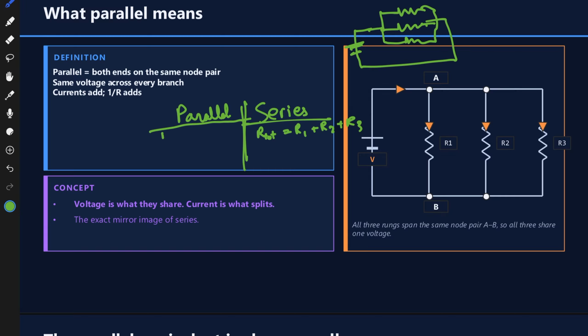It's 1 over the resistance total is equal to 1 over resistance 1 plus 1 over resistance 2 plus 1 over resistance 3, all the way like that. Okay, so if you had R1, R2, R3 here, 1 over your resistance total would be 1 over R1 plus 1 over R2 plus 1 over R3.